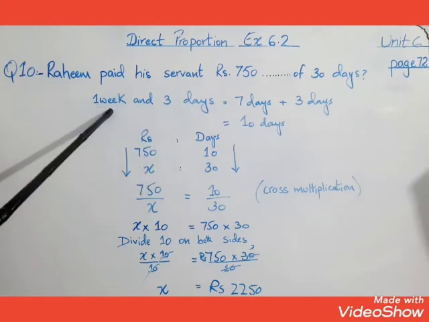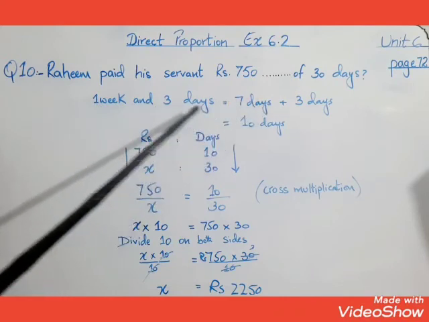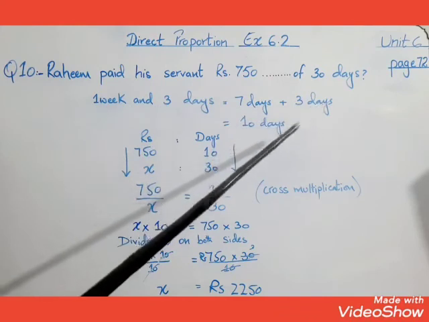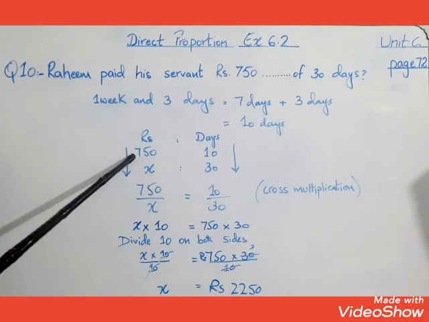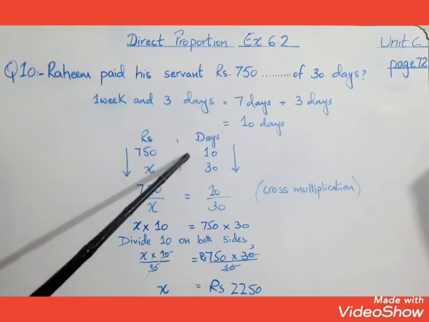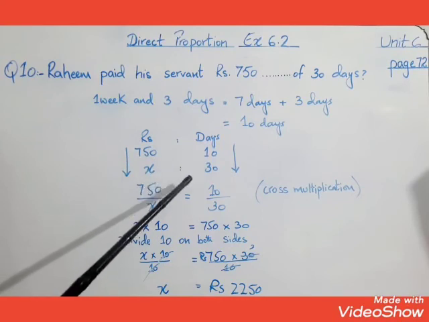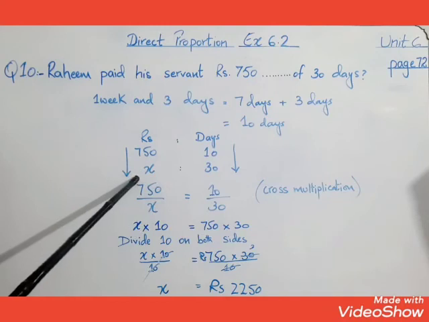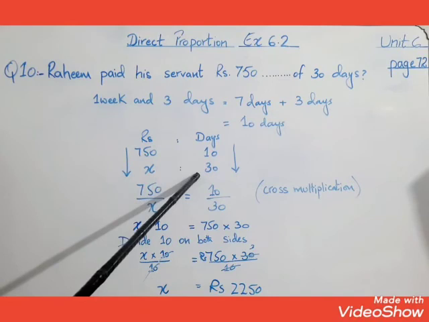So now 1 week, how many days? 7 days, and plus 3 days means 3 days. Total 10 days. So now he paid his servant rupees 750, right, for 10 days. What amount will he pay him? It means we have to find the money for a month of 30 days.